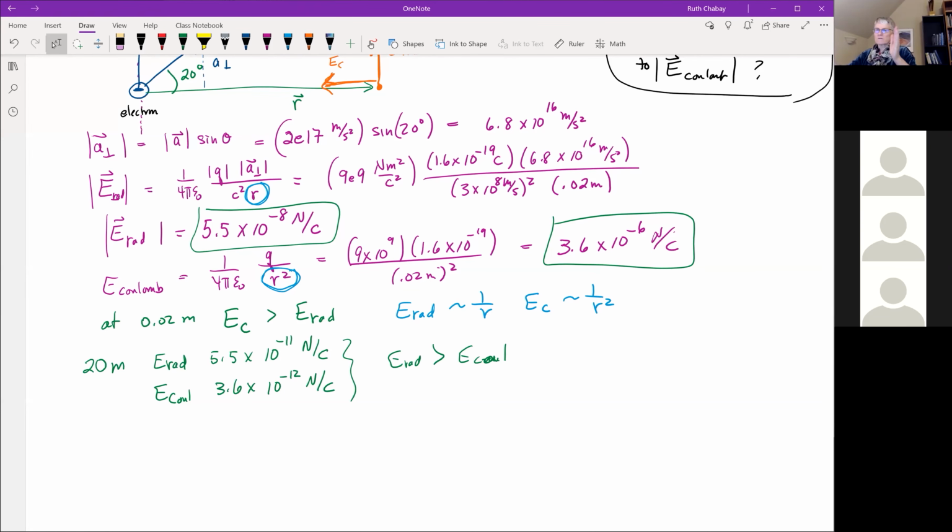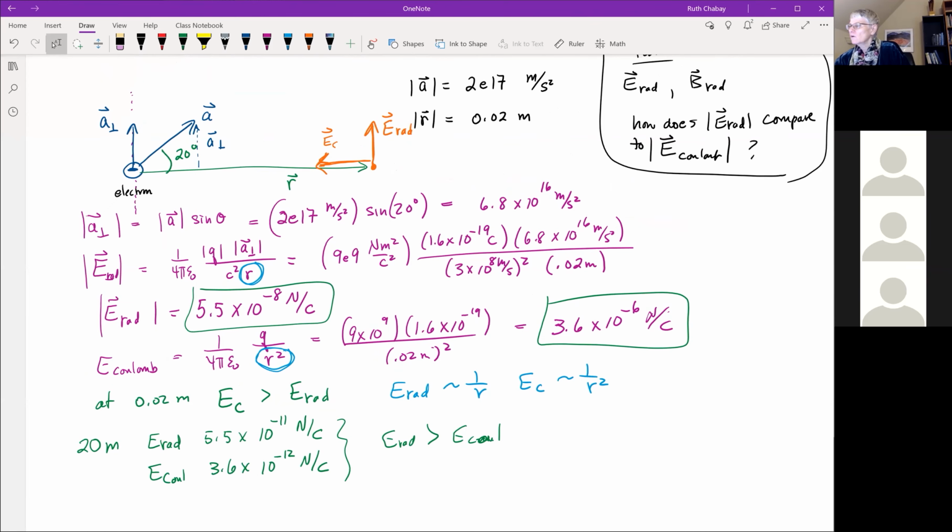You would only really be sensitive to the pulse passing. Well, we know that in a pulse of radiation, E equals c times B. These are magnitudes of fields. So the magnitude of B radiative is just going to be E radiative divided by c.